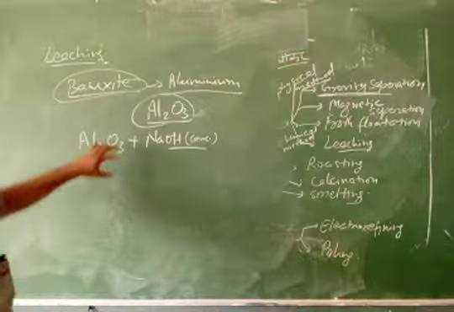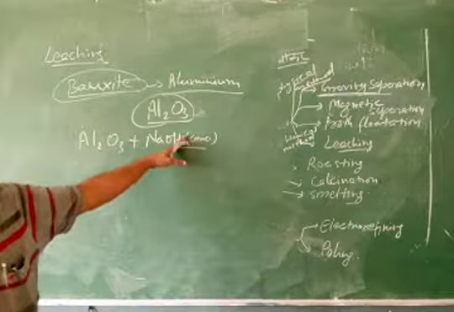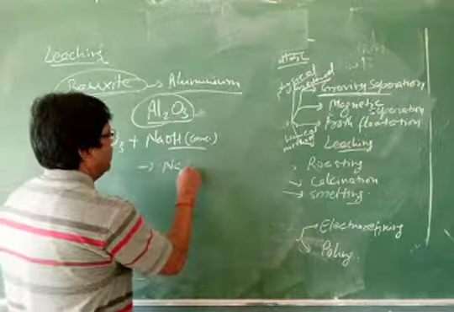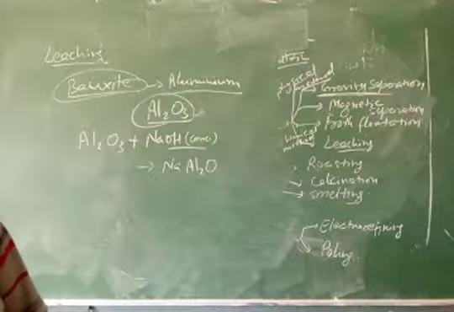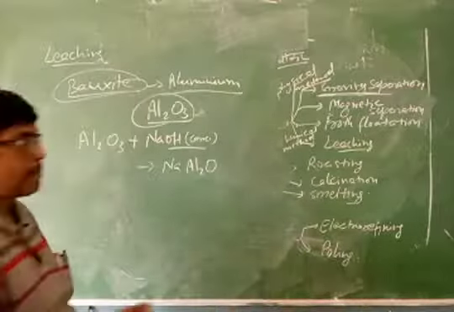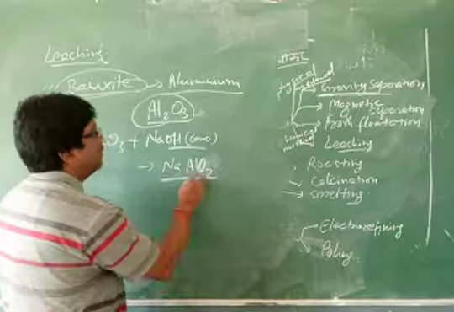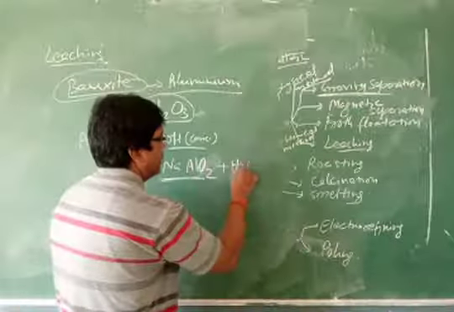Then the Al2O3 dissolves in the NaOH solution, forming sodium aluminate, NaAlO2, and H2O.